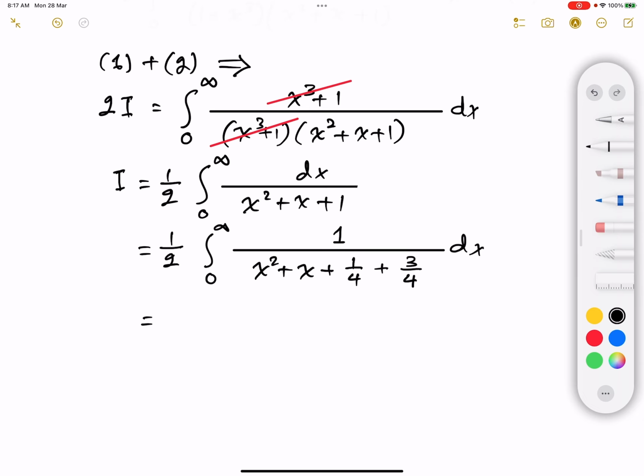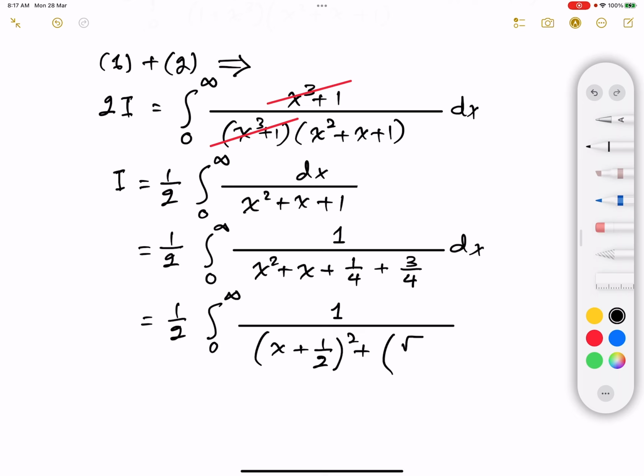So this can be rewritten as half the integration from 0 to infinity of 1 over x plus half squared plus the square root of 3 divided by 2 all squared, and then we have dx here.